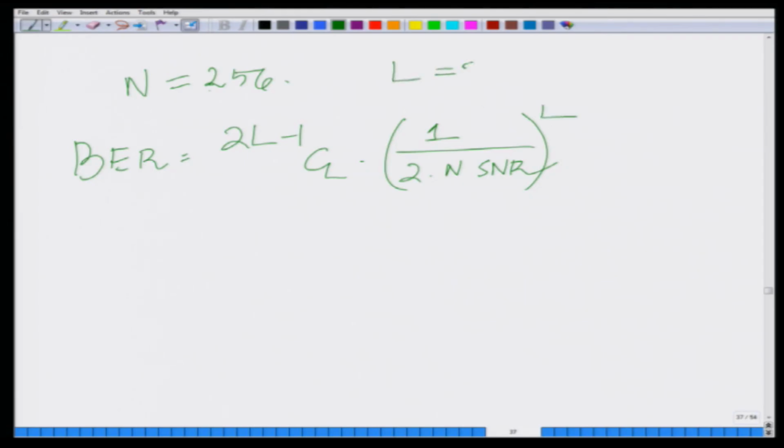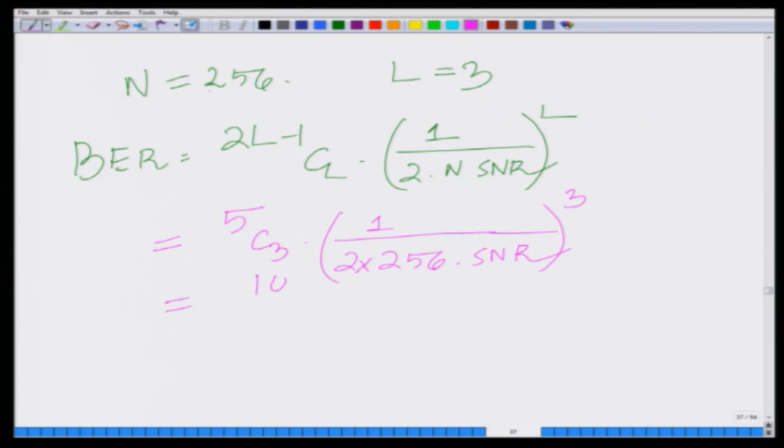We have L equal to 3, therefore, this is equal to 5 choose 3, 1 over twice into 256 into SNR raised to the power of 3, which is equal to 10 divided by 8 into 1 over 256 times SNR.